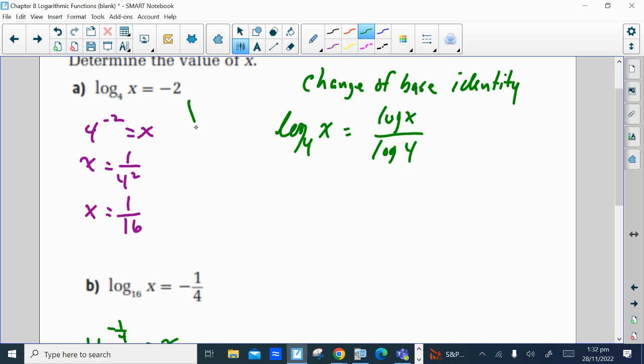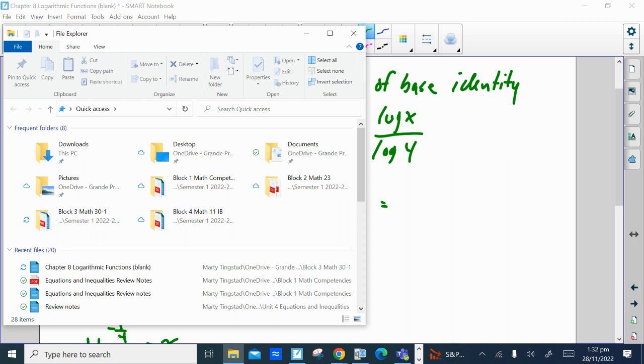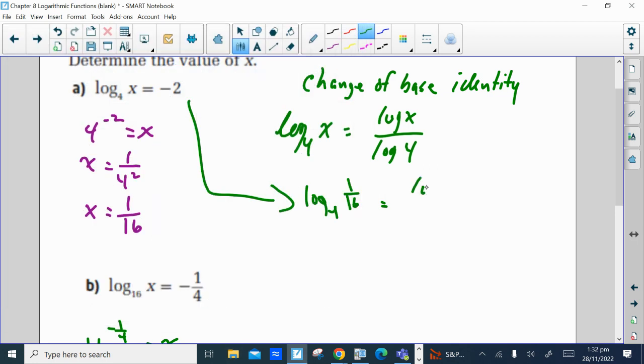So for this question, if you use the change of base identity, log base 4 of 1/16 would equal the log of 1/16, the argument, divided by the log of 4. And that should equal -2, because that's what this original statement says for question A. We found our answer for x to be 1/16.